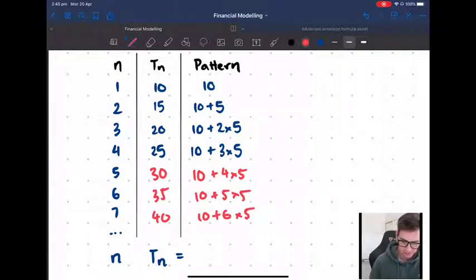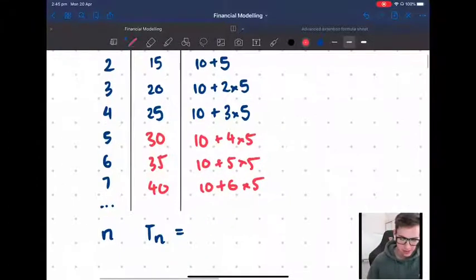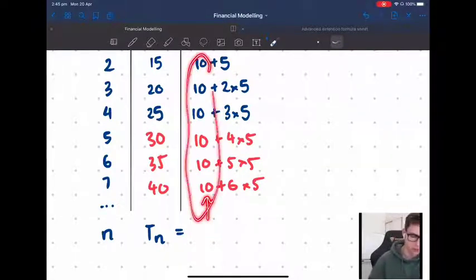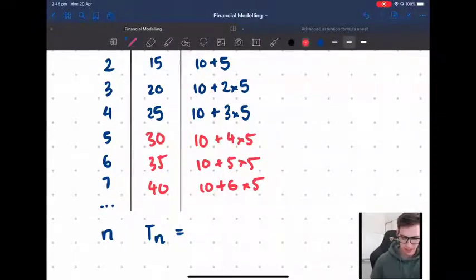Now, if we did this for the nth term, meaning if you were to make a rule for any number, n, what would the rule be that you can then use? If we do it for n, we're always going to start with this A value. You can see that really clearly. It always starts with 10, so that's our starting value.